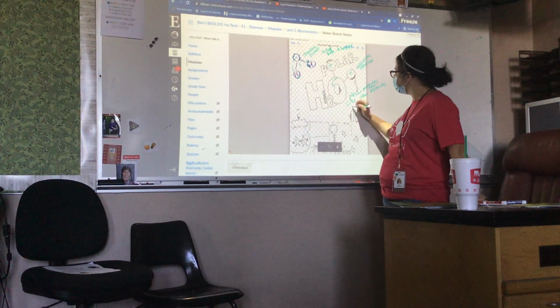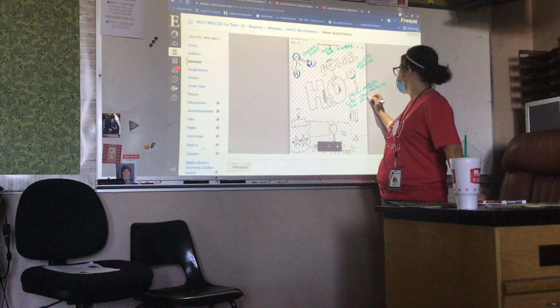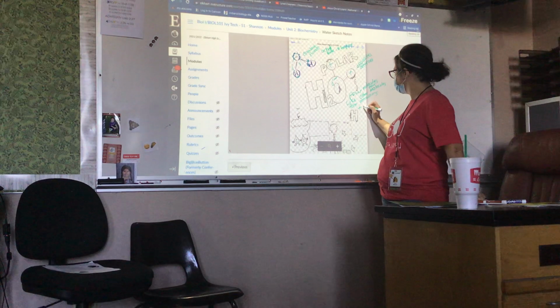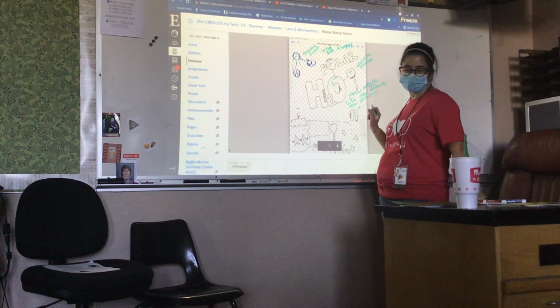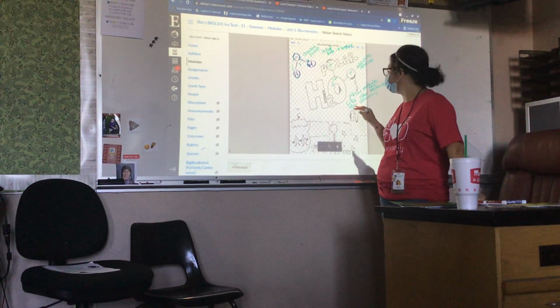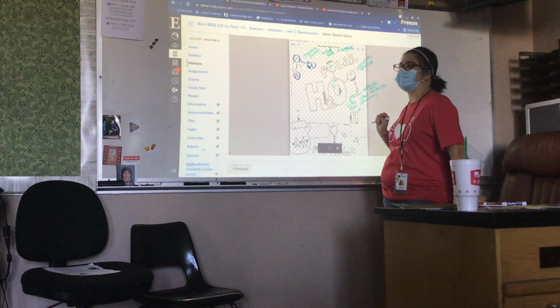They get close to each other and form attractions. I'm going to call it plus to minus, like the positive and the negative ends. And what do we call those attractions that are formed between the positive of one molecule and the negative end of the other?